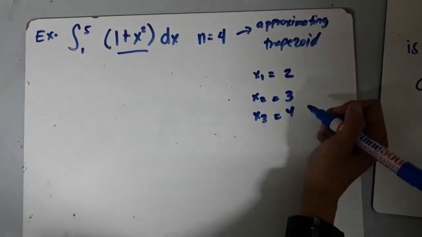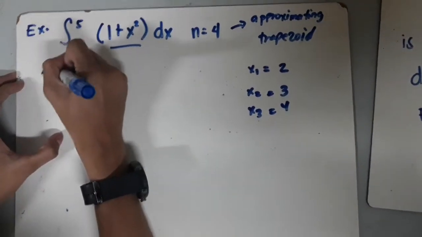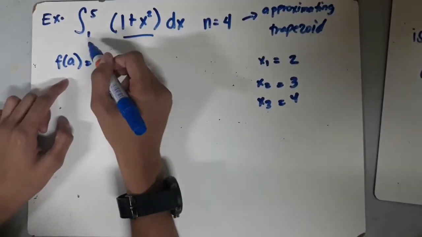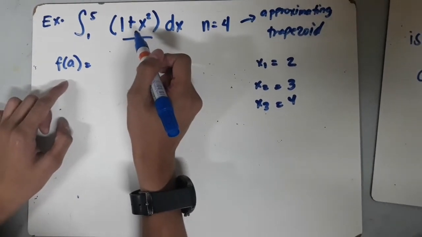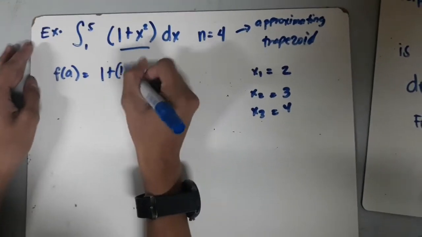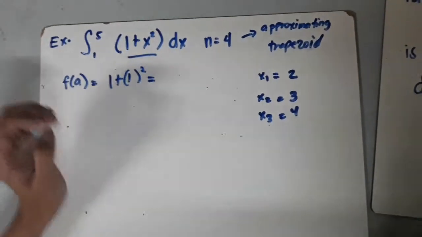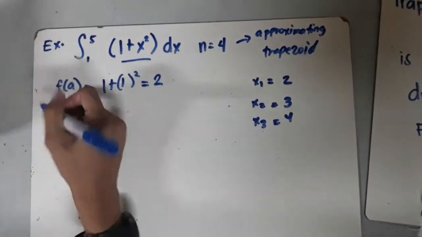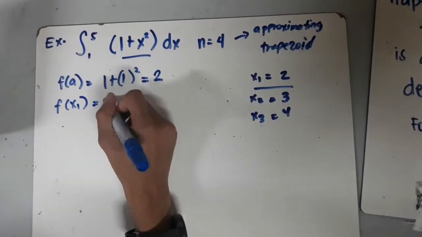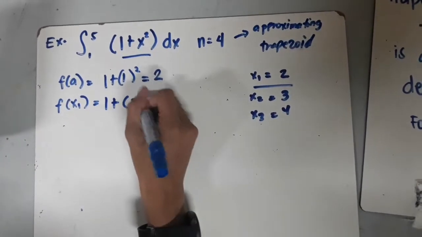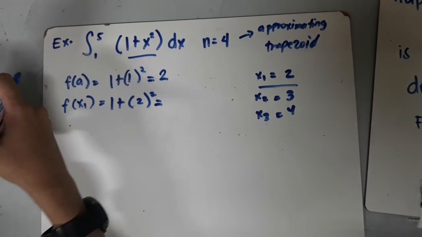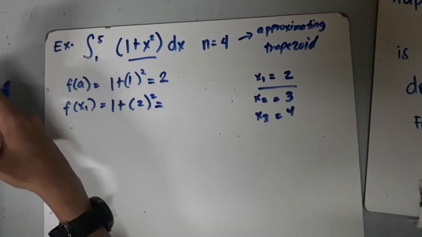Let's find first the value of f of a. Since a is 1, let's substitute: 1 plus 1 squared is equal to 2. For f of x sub 1, we have the value 2, so 1 plus 2 squared is 1 plus 4, which equals 5.